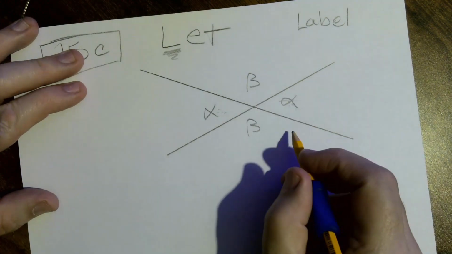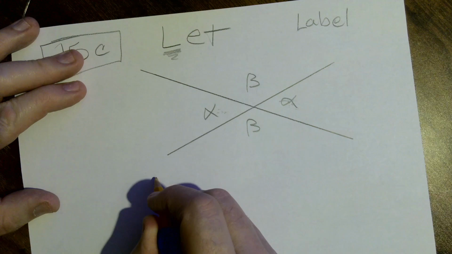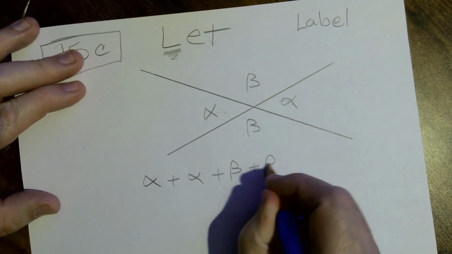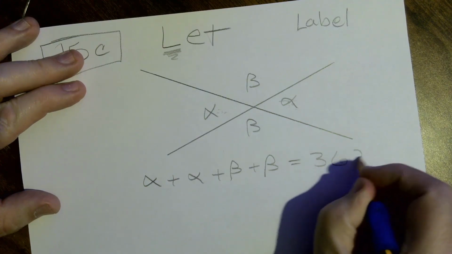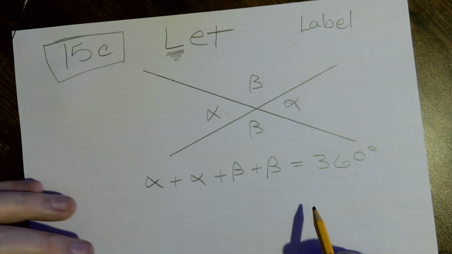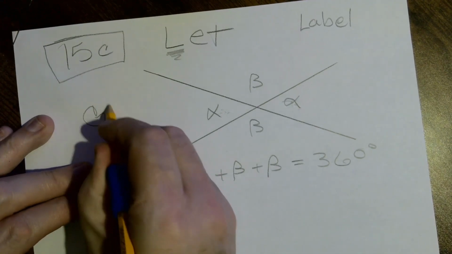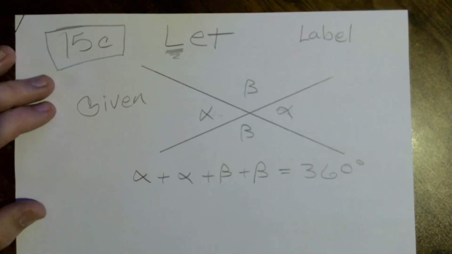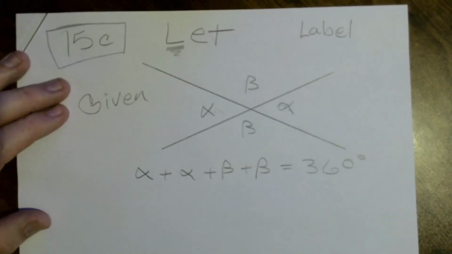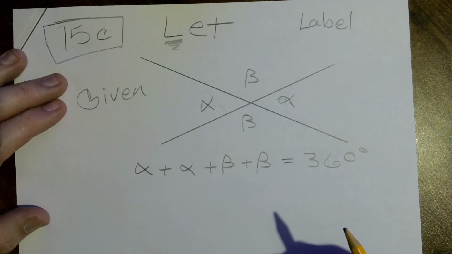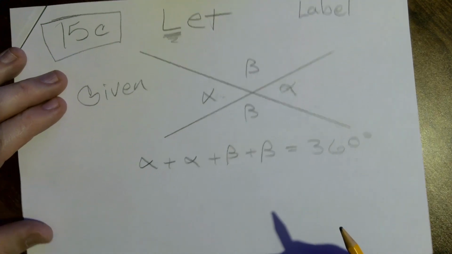And then we know if we add all of these up, alpha plus alpha plus beta plus beta, we get 360 degrees. And it's given in the problem, 15C, the sum of the angle measures of one pair is 140 degrees greater than the sum of the angle measurements of the other pair.